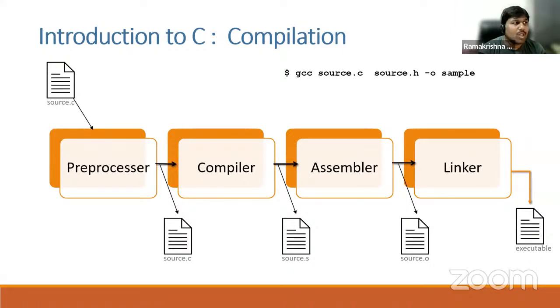So this is how the 4 stages of compilation work. When you invoke compilation for a given C source file, it will flow through these 4 steps.